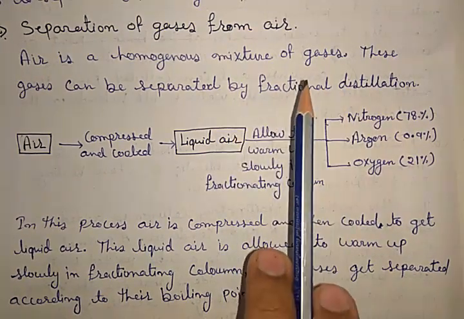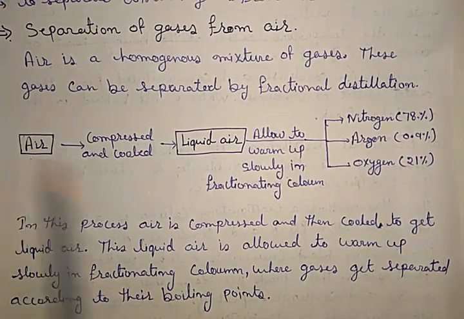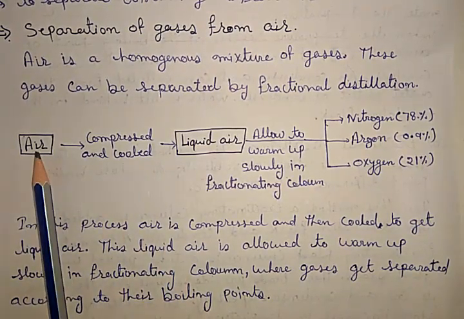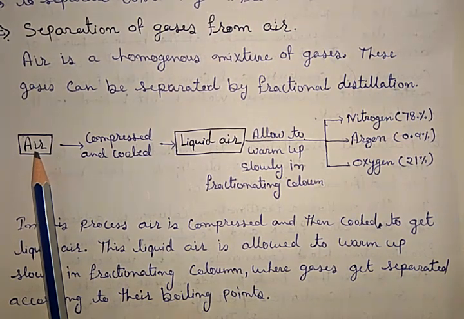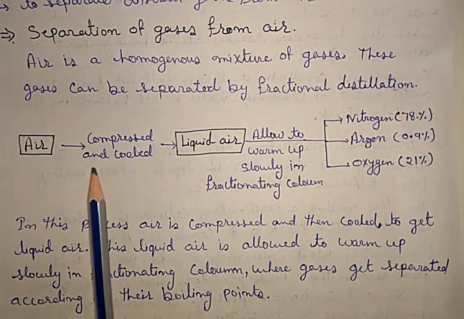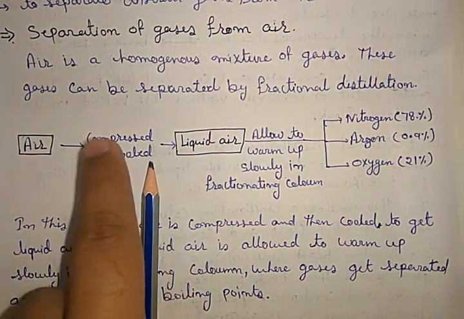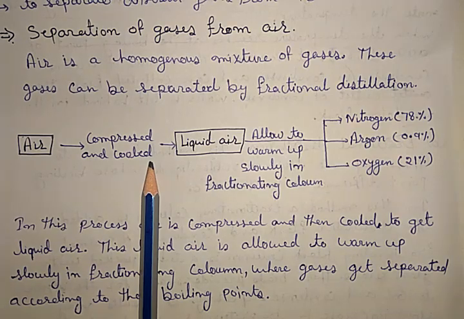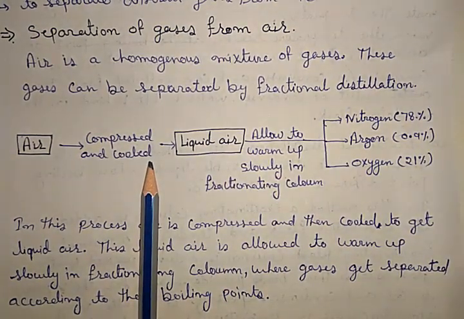In this method, the air is first filtered and then compressed and cooled. By increasing the pressure it is compressed, and by decreasing the temperature it is cooled, and because of the compression and cooling it converts into liquid air, that means it comes in the liquid form.